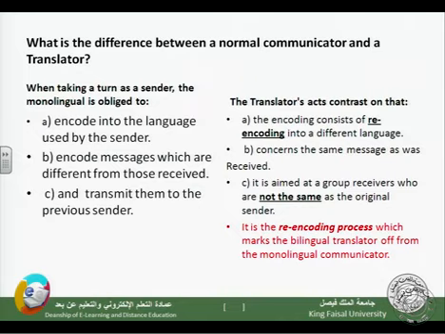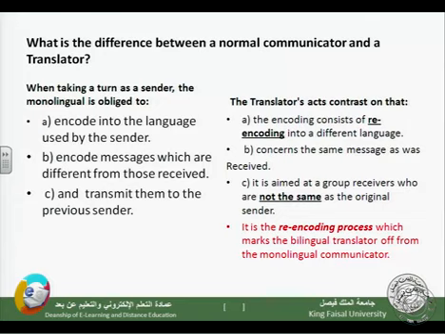Now, the major difference which makes the translator different from the monolingual communicator is the re-encoding process, which marks the bilingual translator off from the monolingual communicator.